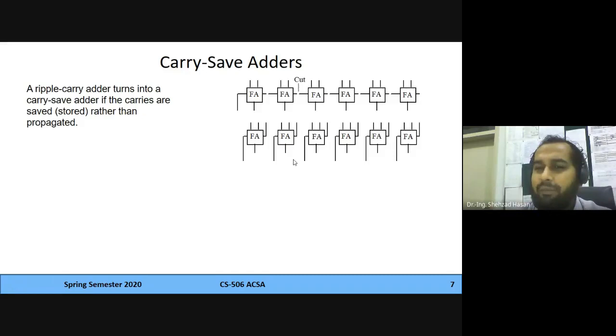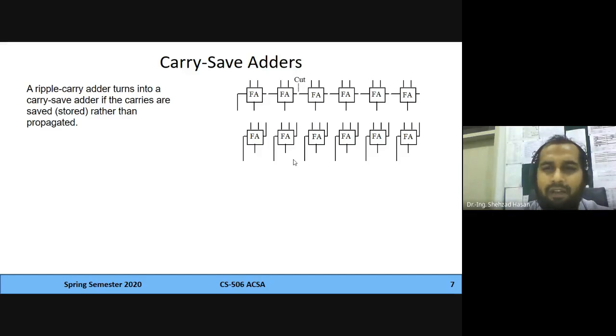So in multiplication operations, we have many partial products to add together, and the number of partial products keeps on increasing as the number of bits increases. So you have got many numbers to add together, and for that case, a carry save adder is a better choice. So that's the only difference here.